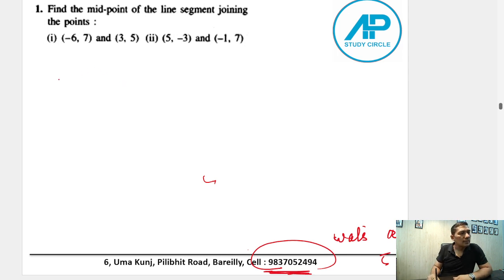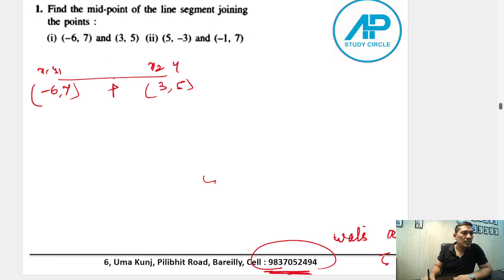So I have the points (-6, 7) and (3, 5). I have to find the midpoint, which is point P. This is x1, y1. This is x2, y2. So point P is x, y. x equals (-6 plus 3) by 2 and y equals (7 plus 5) by 2.